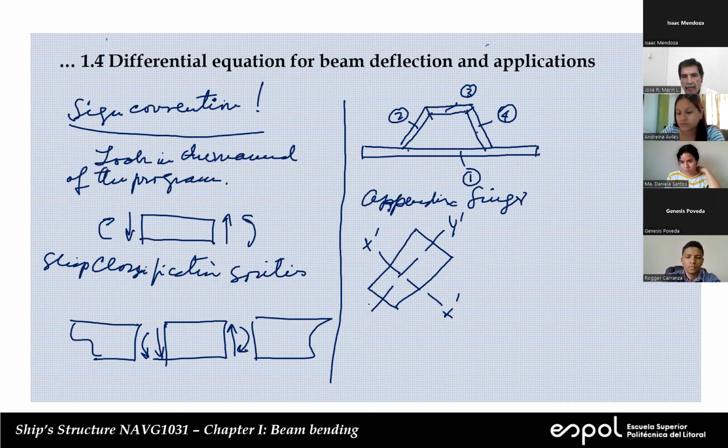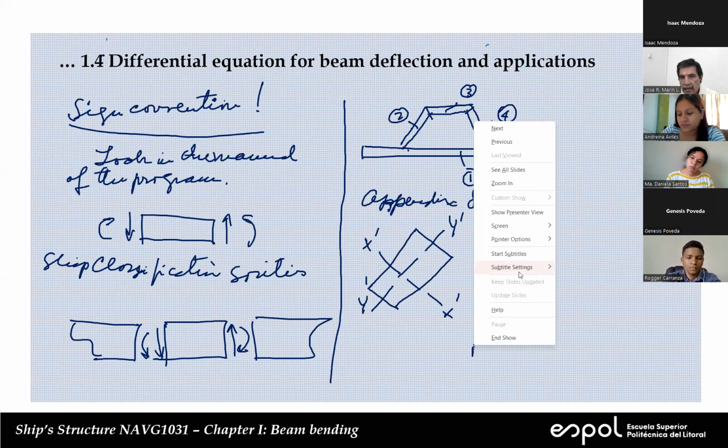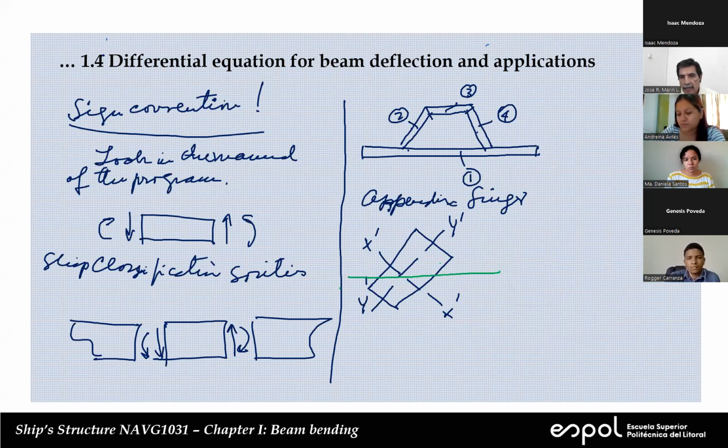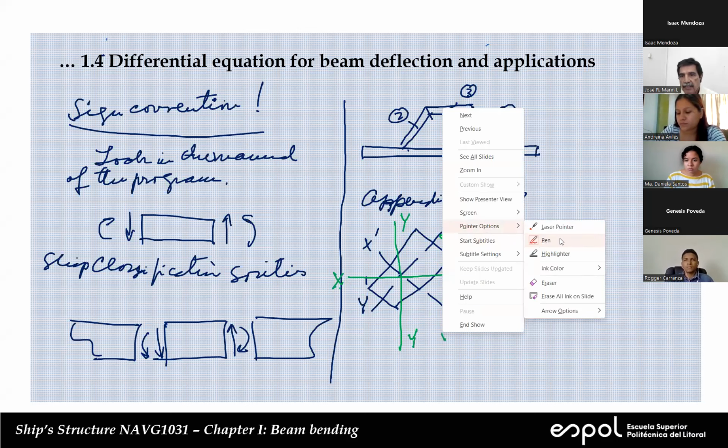Y prime. Let me change color. And they have another axis, reference system. For example, let's say, and there is an angle between these two reference systems. And they can relate the inertia of one of the systems.